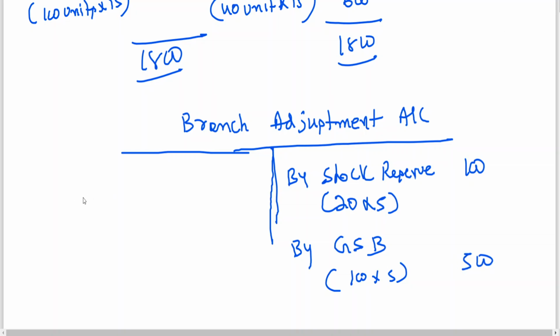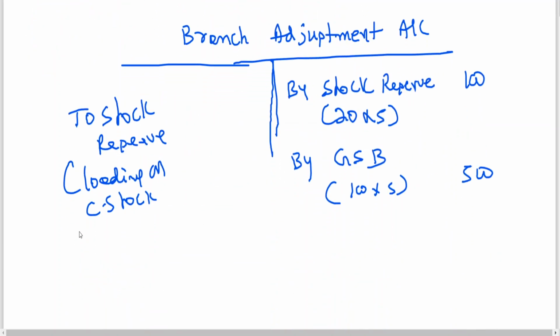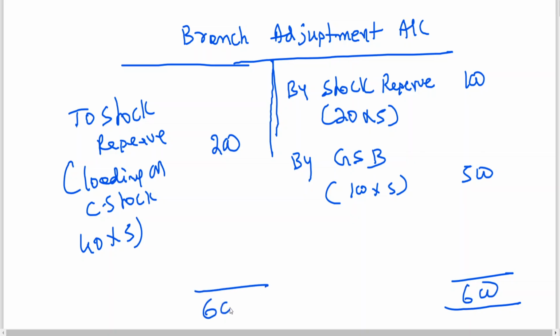Then here, to stock reserve, loading on closing stock, 40 units into 5 rupees, 200. 100 plus 500, 600. 600 minus 200, 400 is profit, no?